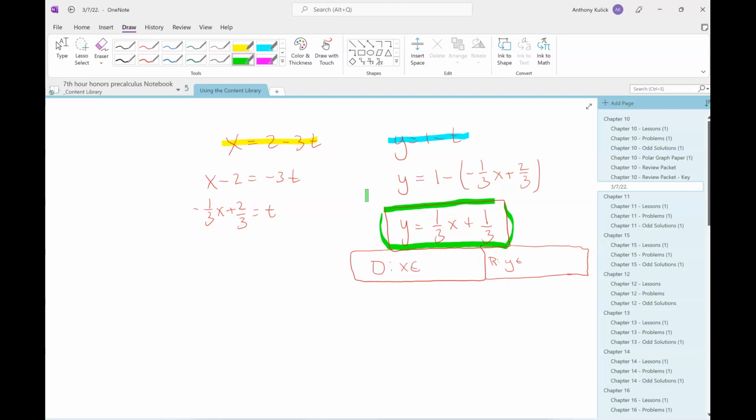Okay, what type of function is this? Give you some hints. Lily? Is it just negative? Good, the domain and range actually are both all real numbers. Correct. This is a linear function.